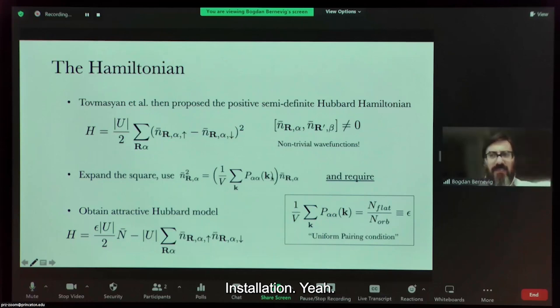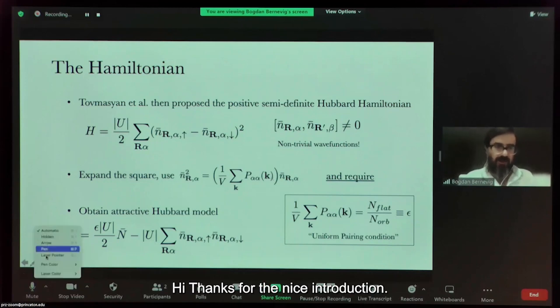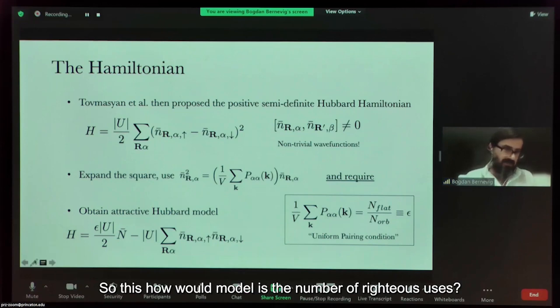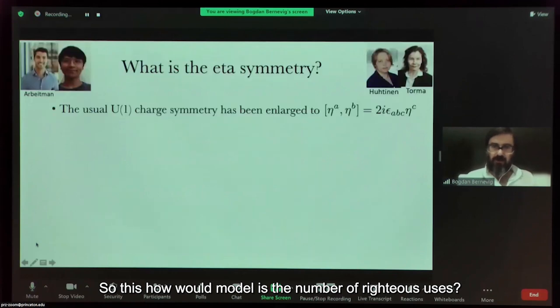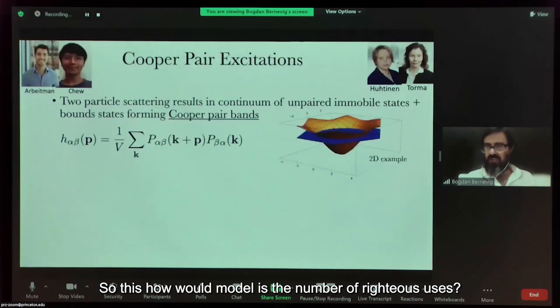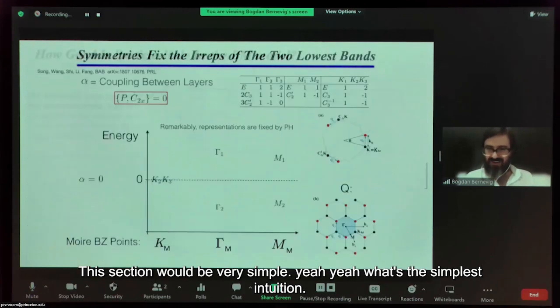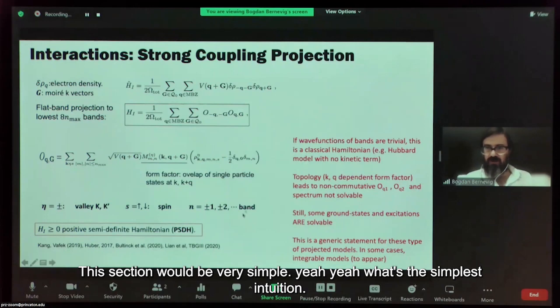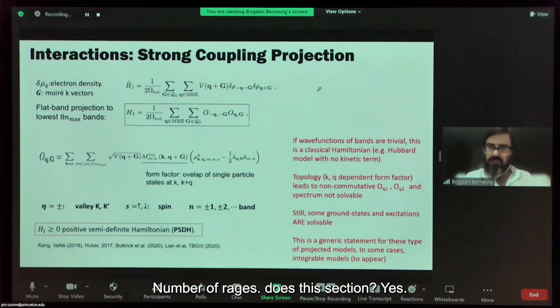Yes, I didn't understand the latter part, but you're certainly correct. It's a very good question. If I have a Hubbard model that is not projected, with n up and n down, as you said, this is the classical model, and everything commutes.